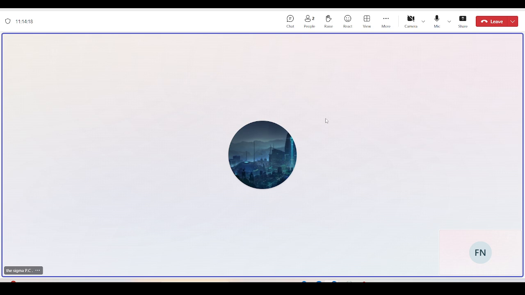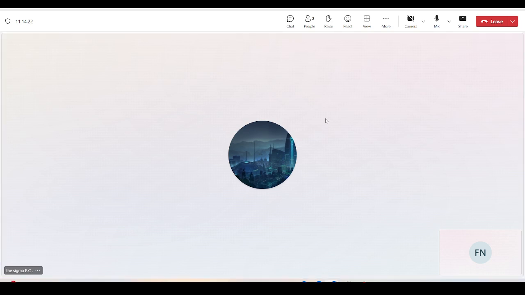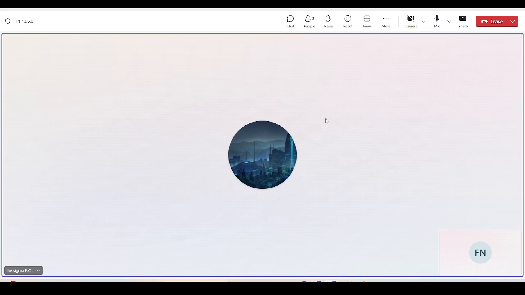Wait, let me just change my settings for a sec. For some reason, my background's really dark.